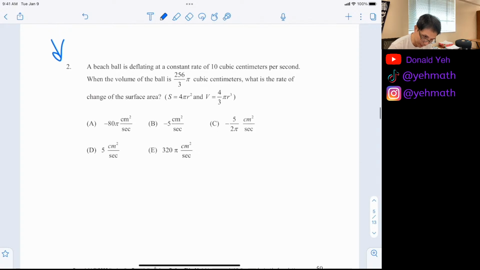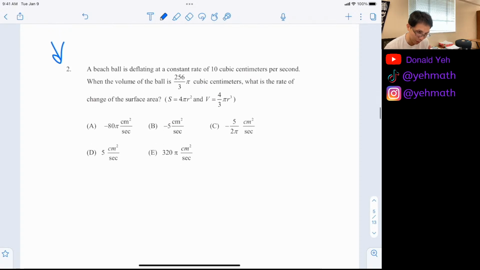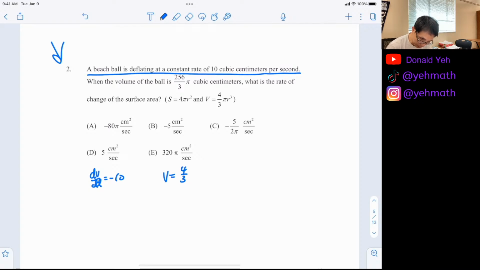So they say a beach ball is deflating at a constant rate. The reason why this one is good is because you had to get one dR/dt first to get to the other one. So dV/dt is equal to -10, which is this information right here. The volume is equal to 4/3 pi r cubed and is equal to 256/3 pi.